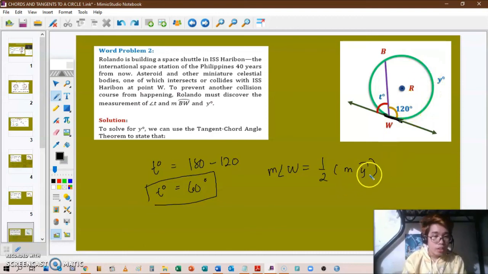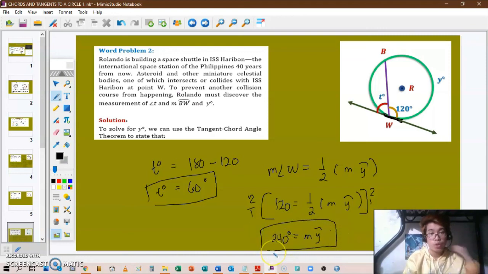So the measurement of angle W, 120 degrees, is equal to 1/2 the measurement of arc Y. Multiply both sides by 2. Therefore, the measurement of arc Y is equal to 240 degrees.